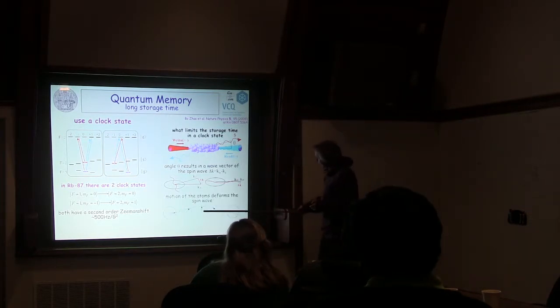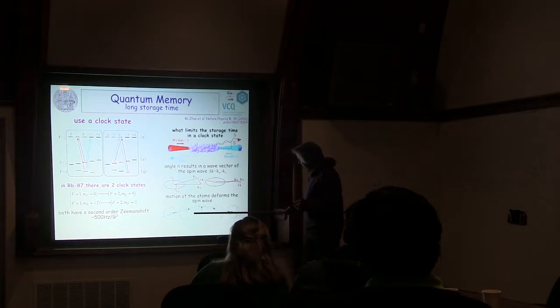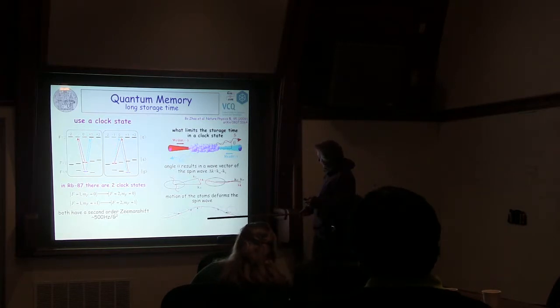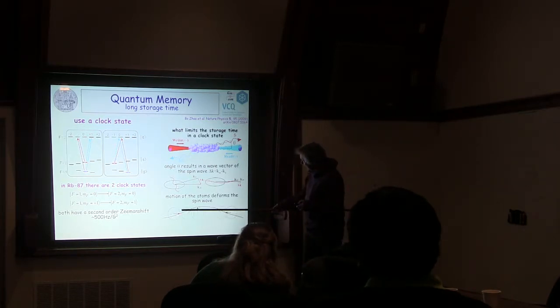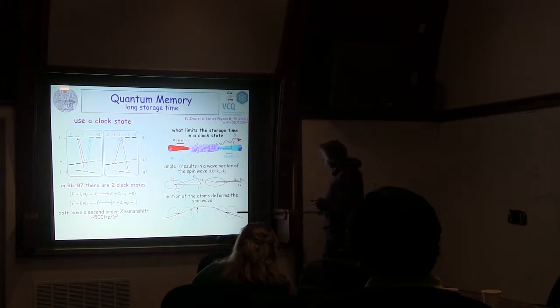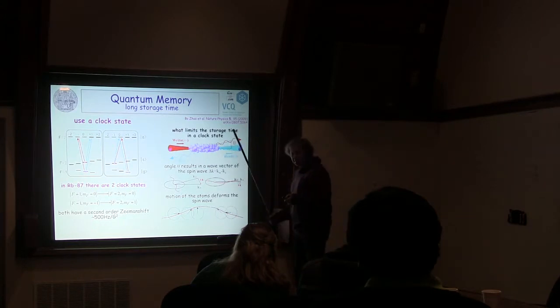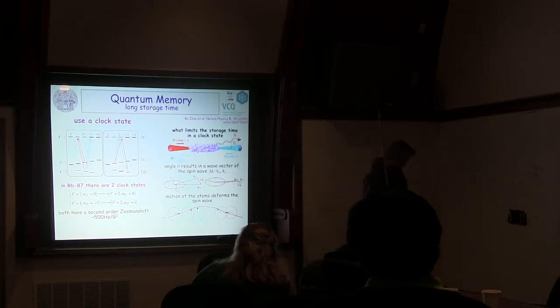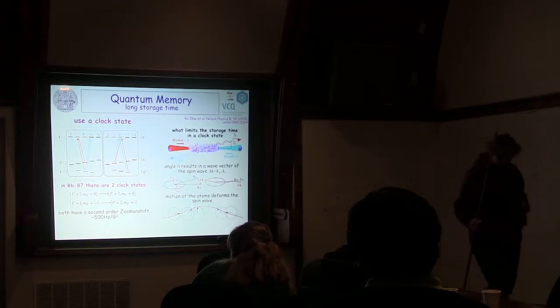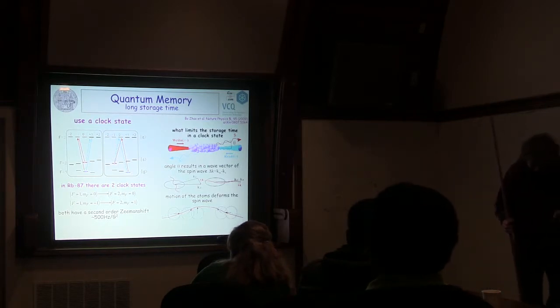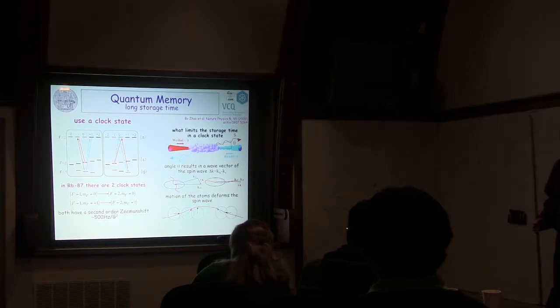If one of those atoms moves a different way, it gets a different phase, and so they completely randomize, and this spin wave starts to dephase because of the motion of the atoms, which was, for us, in hindsight, trivial.